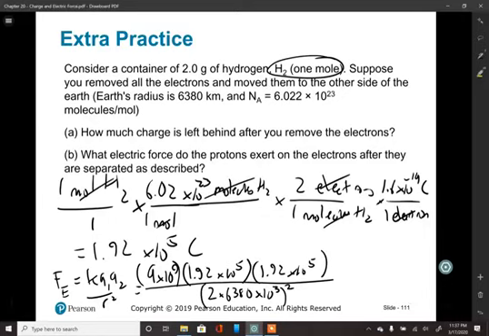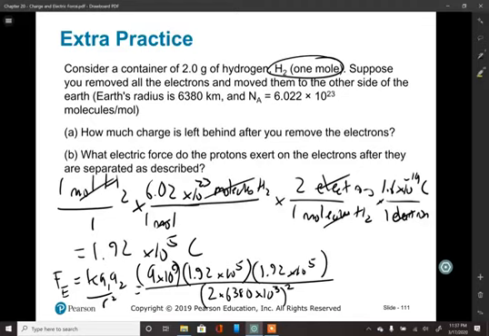And so if you put that into your calculator, you are going to get a pretty big number. Even though the radius is quite large, the amount of charge is very large.